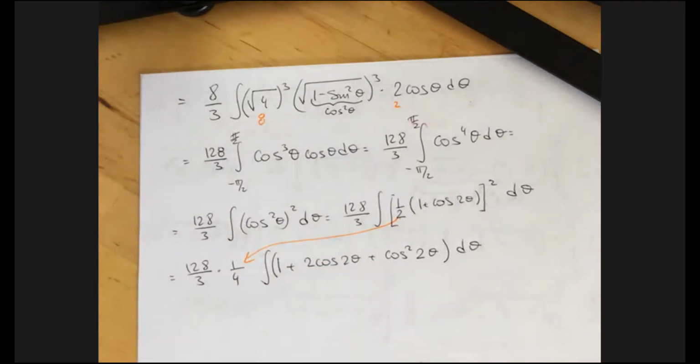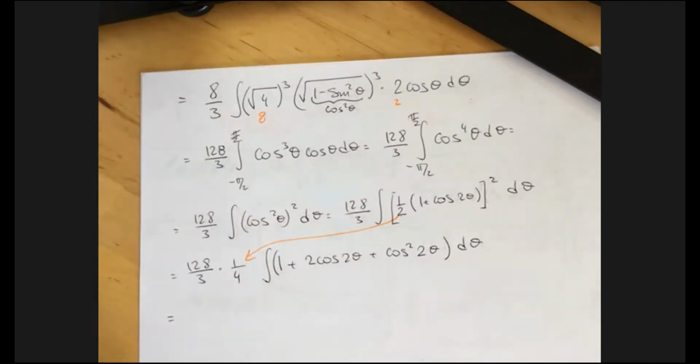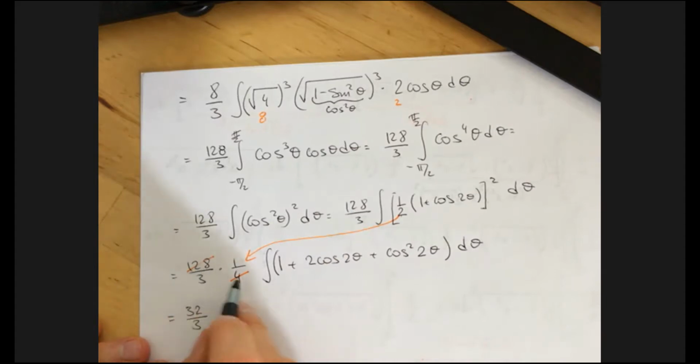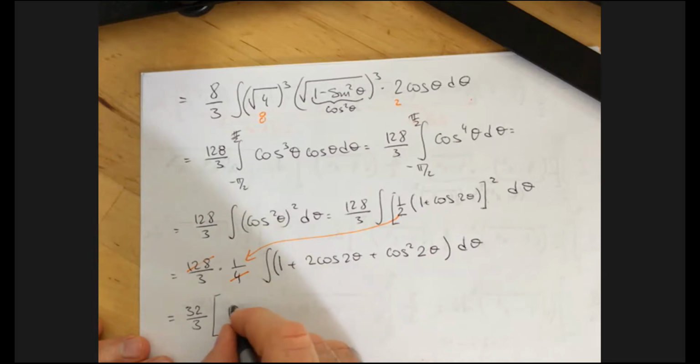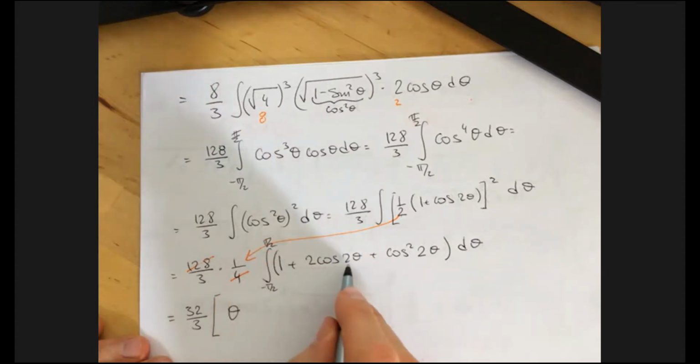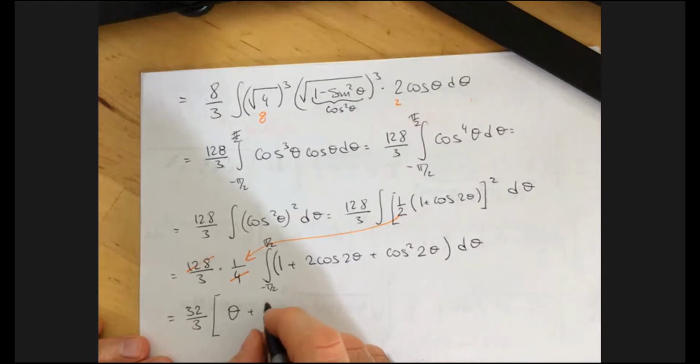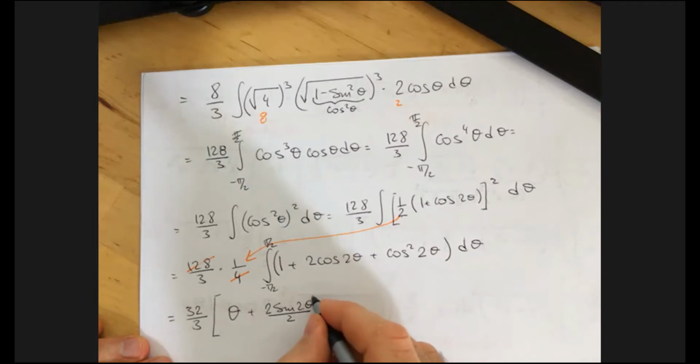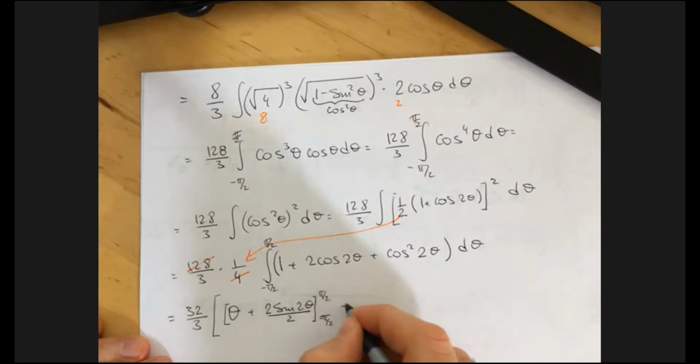Almost there, guys, almost there. Now we built this number up, 128. Now we start canceling it down. That's 32 over 3, 128 divided by 4 is 32, times the integral of 1, theta, the integral of 2 times cosine of 2 theta is 2 times sine of 2 theta over 2, evaluated from negative pi over 2 to pi over 2, plus this integral right here.